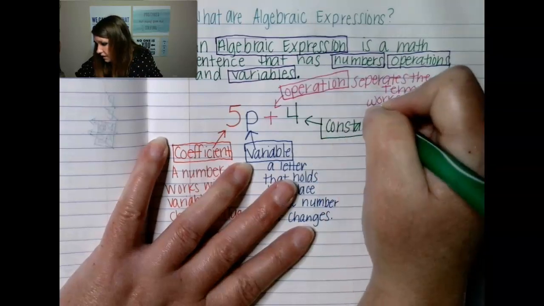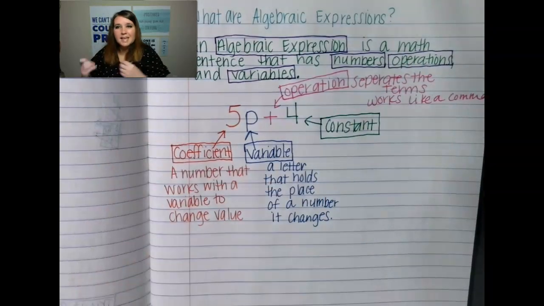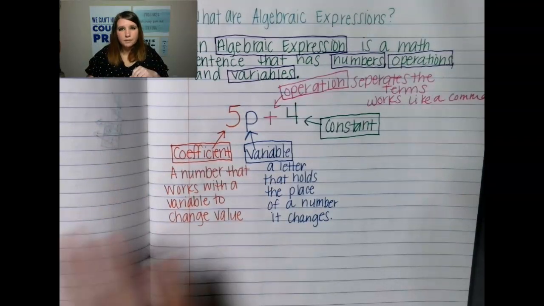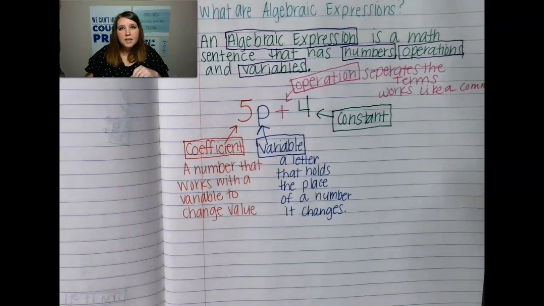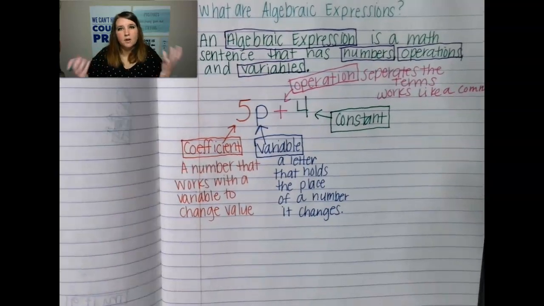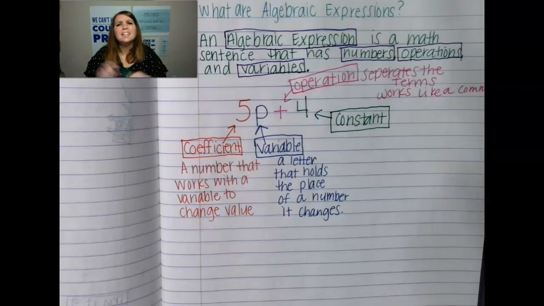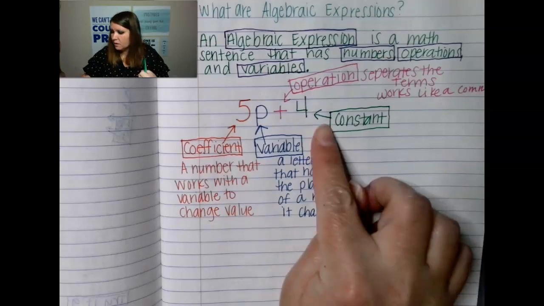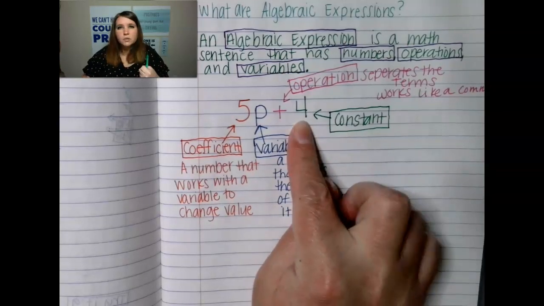This 4 is called a constant because it constantly is a 4. The number that is always by itself is called a constant. It stands alone. It doesn't need anything to have a value. It is able to always know its worth.